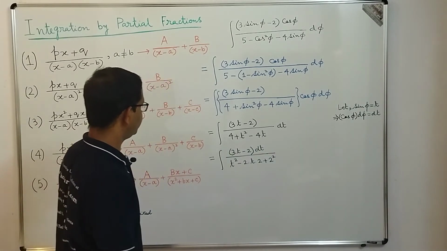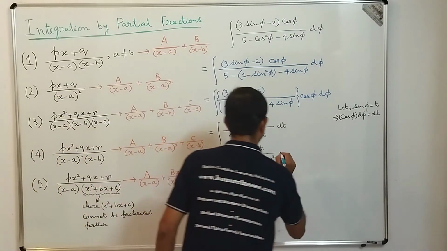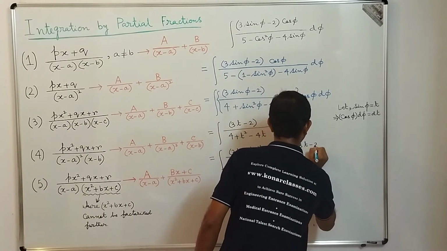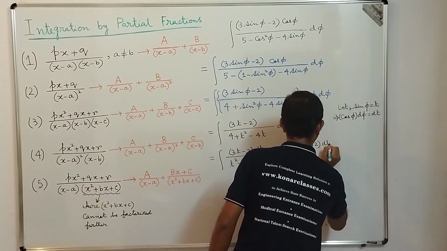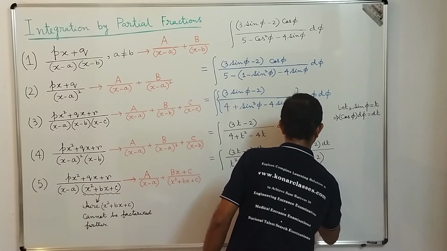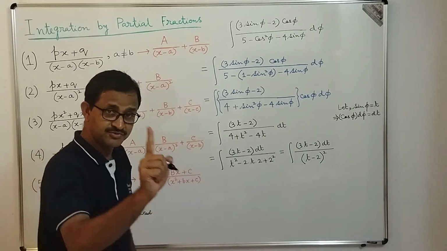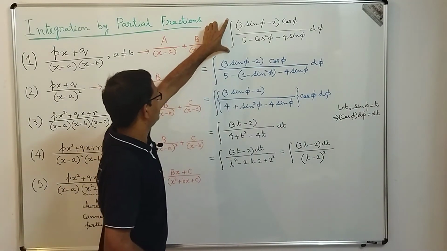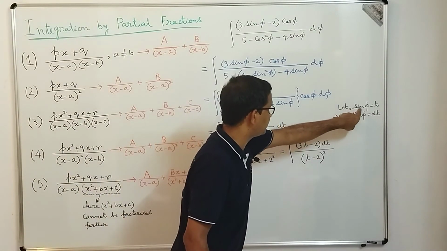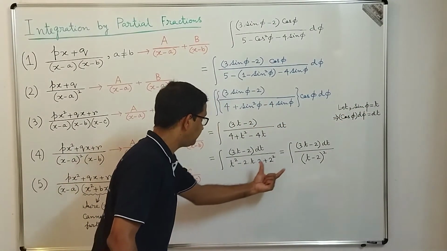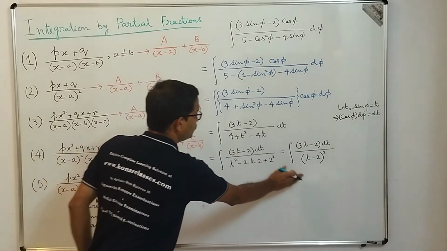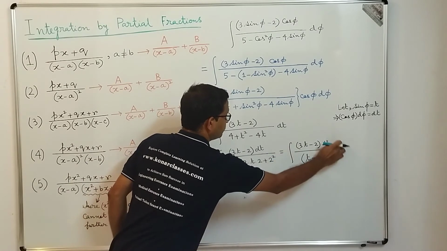So from here we get integration of 3t minus 2 dt divided by t minus 2 whole square. You see, dear students, the given question was not directly of any of this form, but by means of the substitution that sin phi equal to t, we are able to transform this question to this form, and it is known to us. We know how to integrate this one.